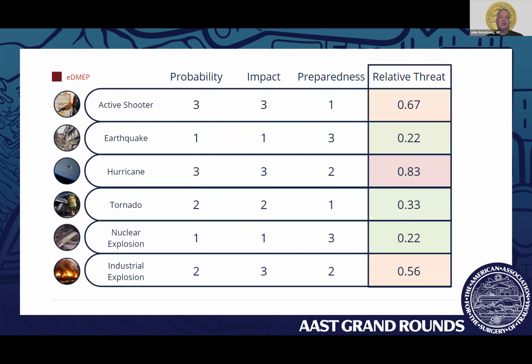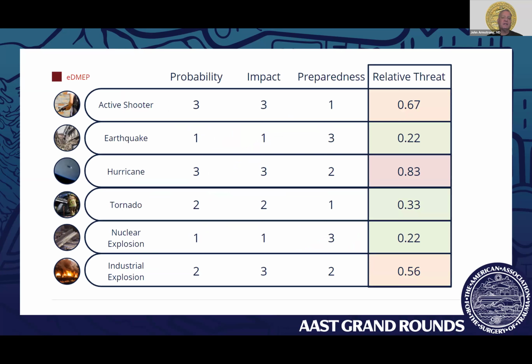E-DMEP engages learners in the tools that are essential for an effective plan and response, and that includes the hazard vulnerability analysis. Here you see a learner assessment of the learner's hospital hazard vulnerabilities. And this is across the active shooter, earthquake, hurricane, tornado, nuclear explosion, and industrial explosion.